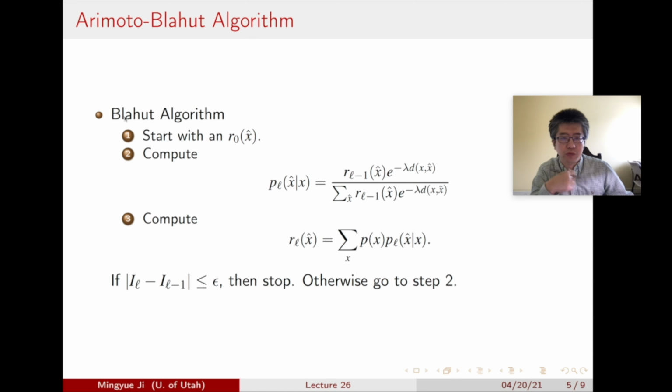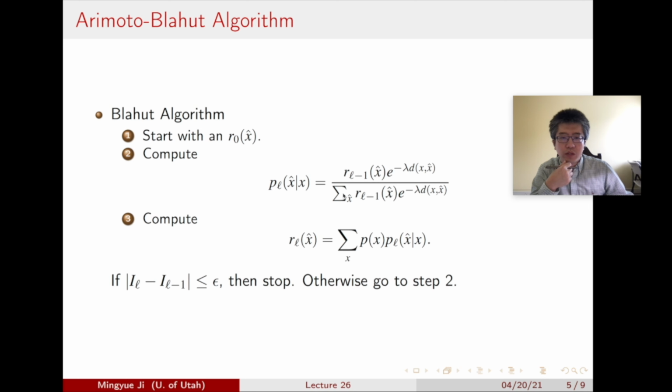Usually, the Blahut algorithm is to compute the rate distortion function, right? And here, we start with an R_0(x hat), and then we use this formula to update p(x hat | x), and then by computing that, we can update our R(x hat) again, right? The beauty here is that we can get the analytical updating formula at each step, so the complexity of the algorithm should not be very high.